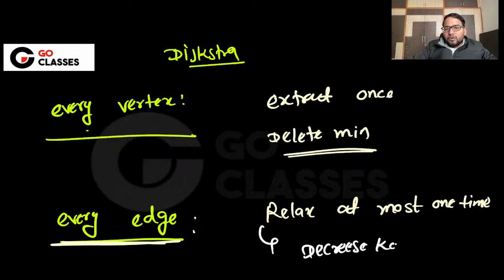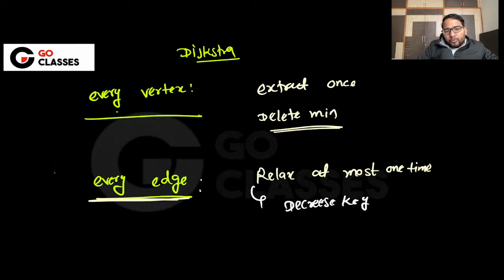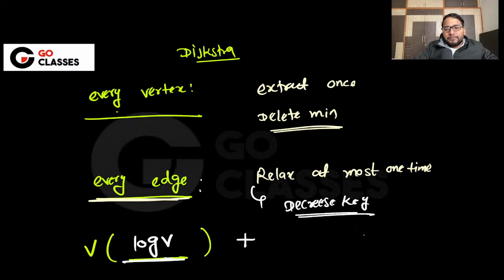So as far as every vertex is concerned, there is a delete min exactly once. So V times you will be doing delete min. Delete min will take log V time because the heap consists of V vertices, and decrease key will be done E times, again taking log V time.